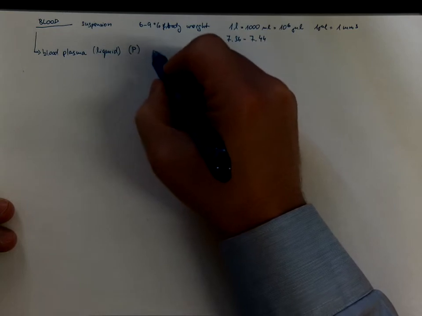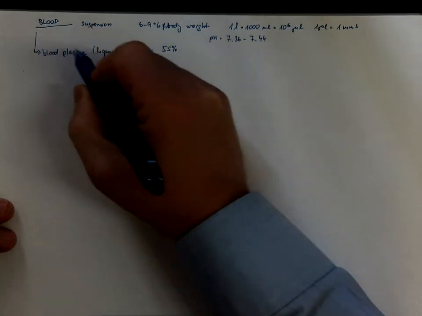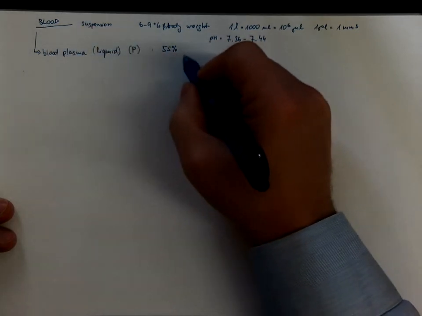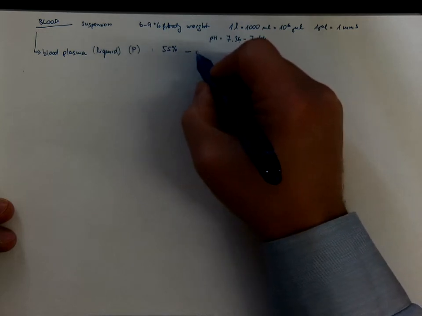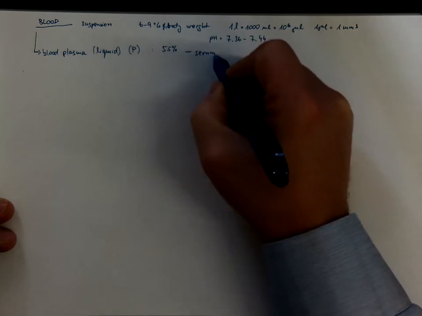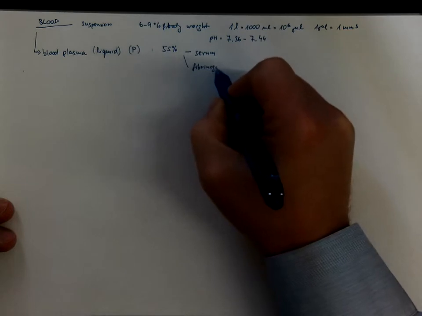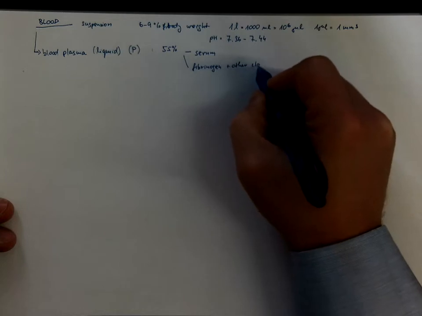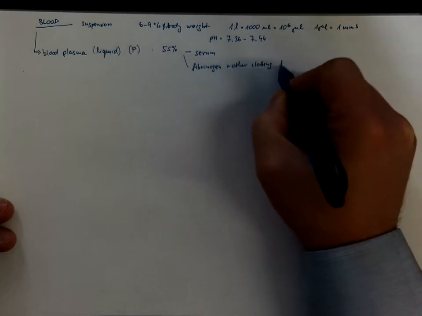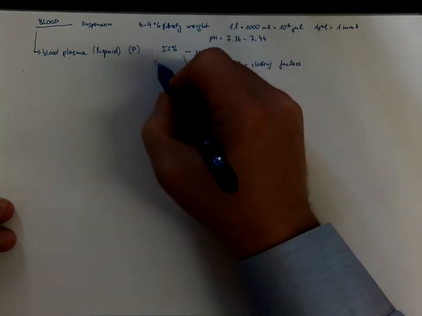It takes approximately 55% of the volume of the full blood, and it could be further separated into serum and fibrinogen plus other clotting factors by coagulation.